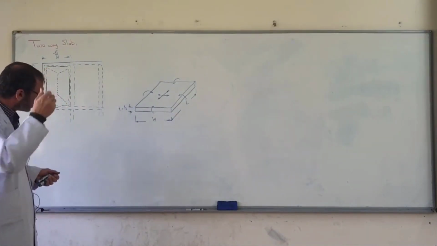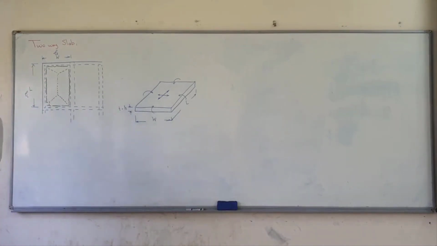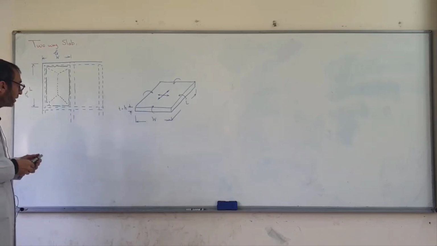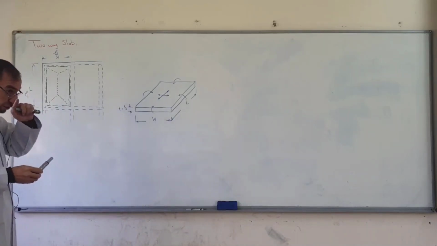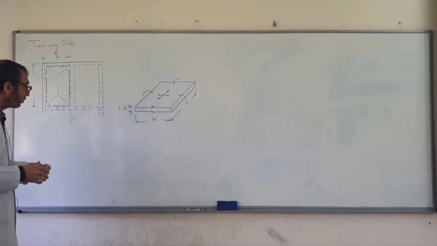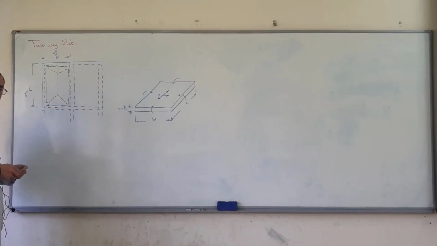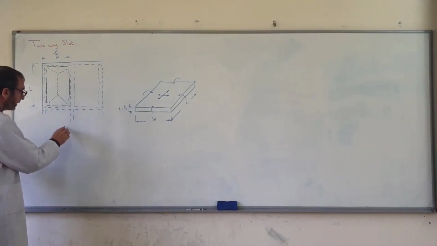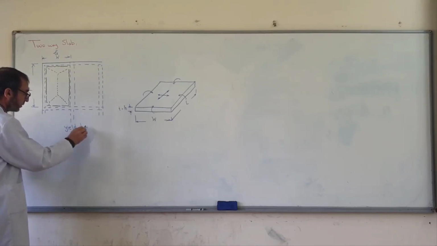Now I want to find the reinforcement requirement for the slab. We have different methods. Now I want to talk about the analysis of the slab. We have different methods to analyze the slab. For example, we have the yield line theory. Second, we have the strip theory.